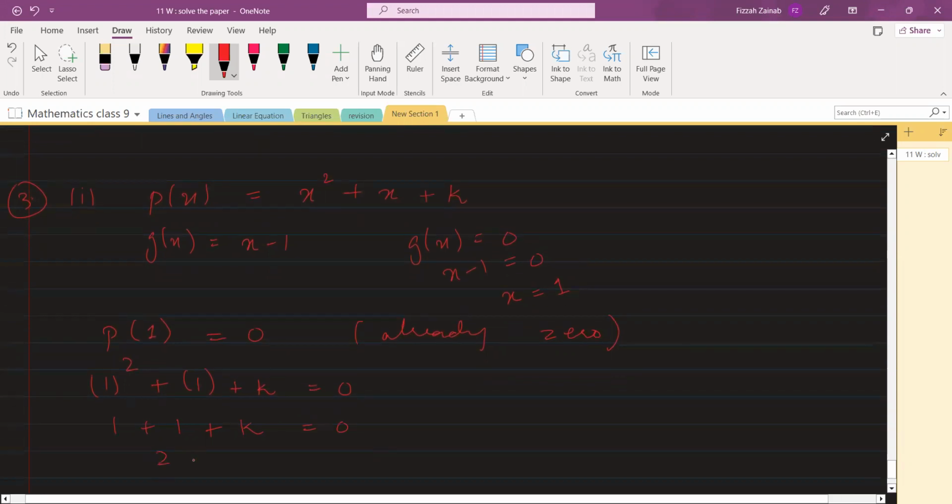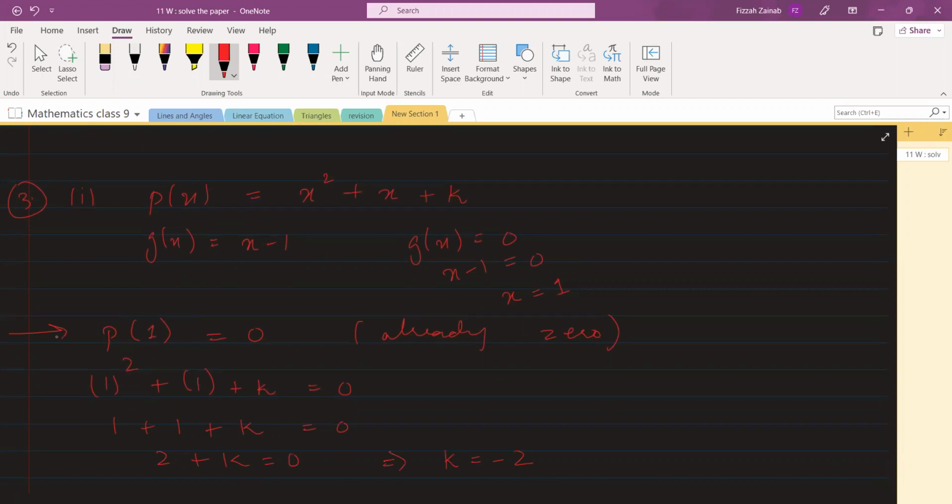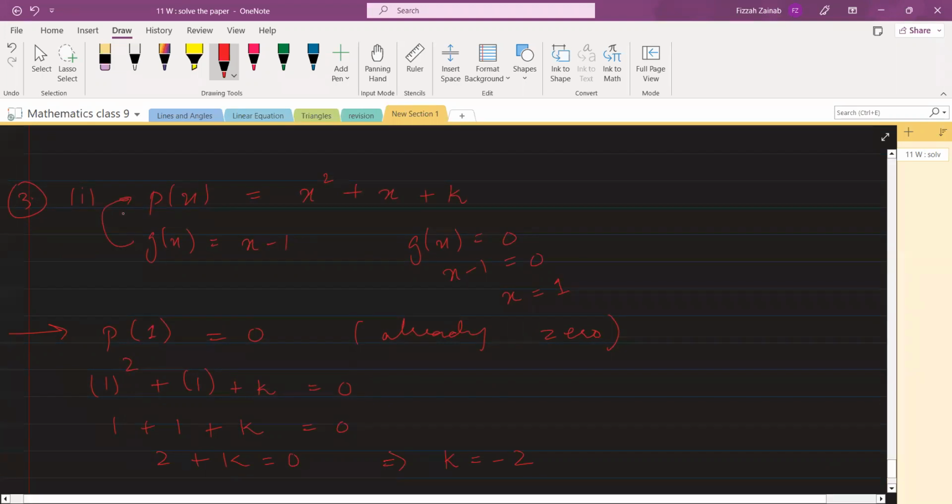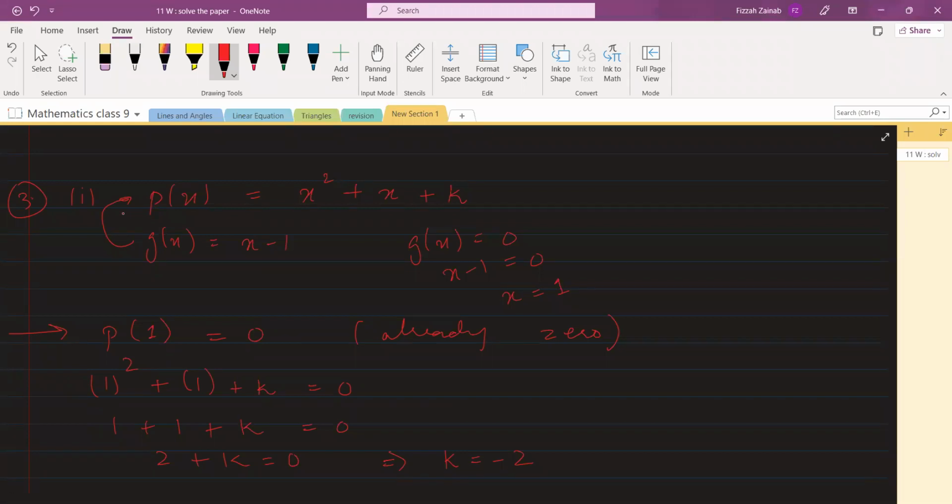So 2 plus k is equal to 0, that means k is equal to -2. Simple. Yes, ma'am. This is the step you have to do. You have to put it equal to 0 because g(x) is already a factor of p(x). So the remainder is 0. Now do the second part quickly, the same way.